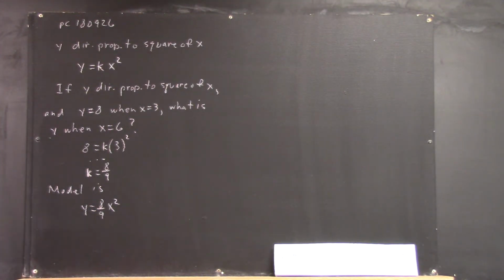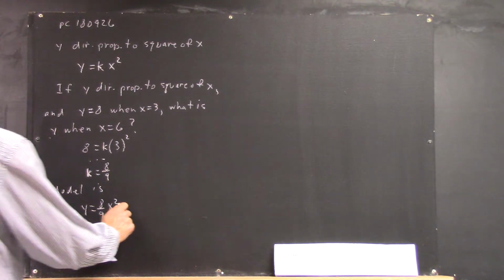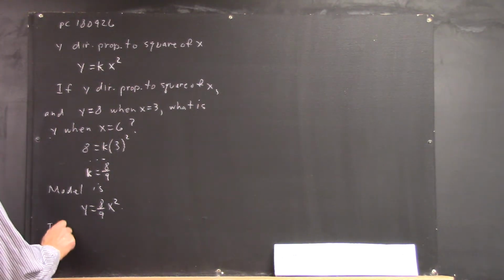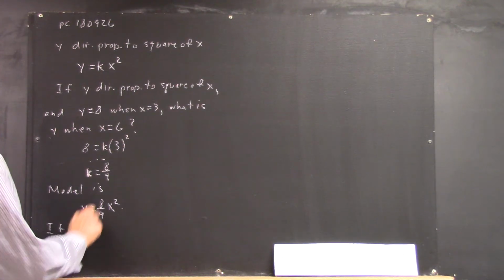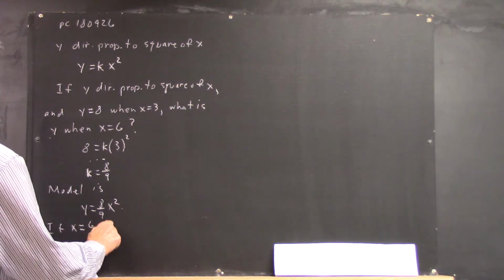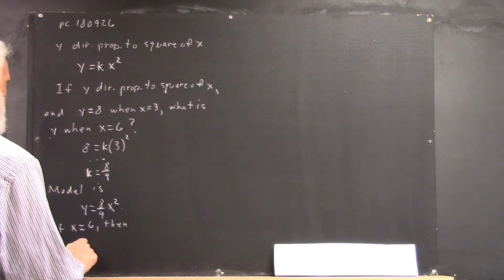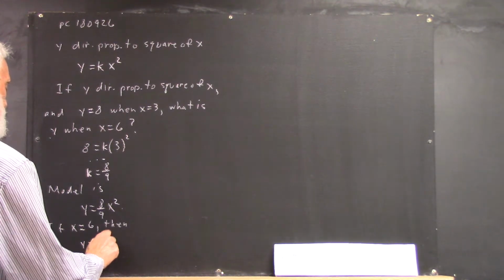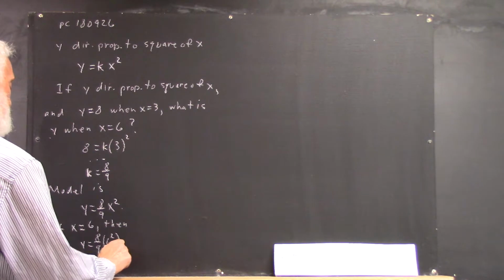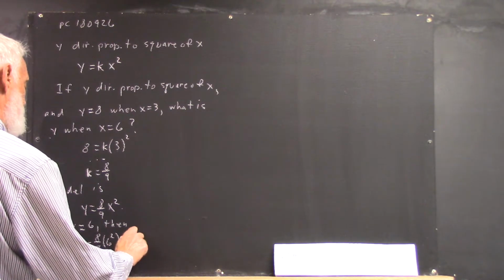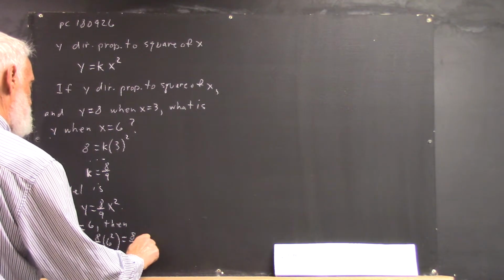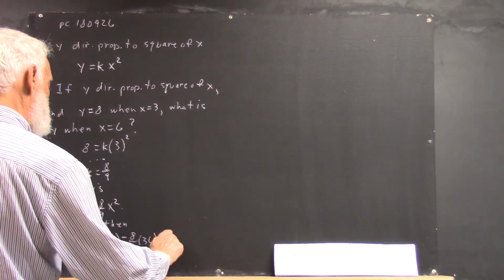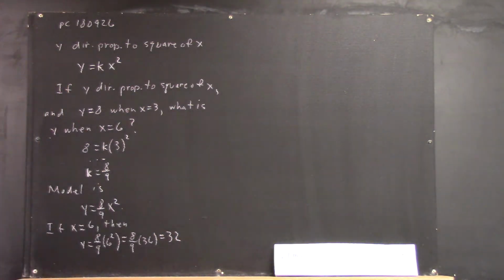Y equals 8 ninths x squared. If x equals 6, then y equals 8/9 times 6 squared equals 8/9 times 36, which is 32. Okay?